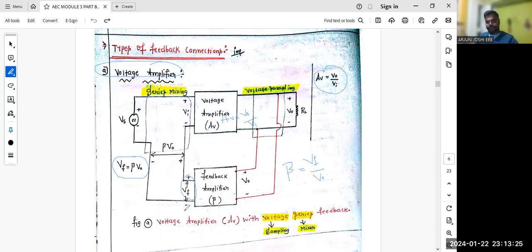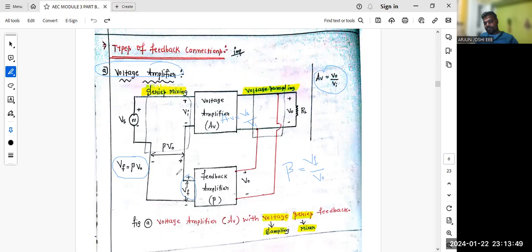Now this series mixer we need to connect on the input side. How to draw the series circuit? We connect one VS supply, directly connect it to the positive, and the negative is connected to VF. VF positive is connected to AV negative.